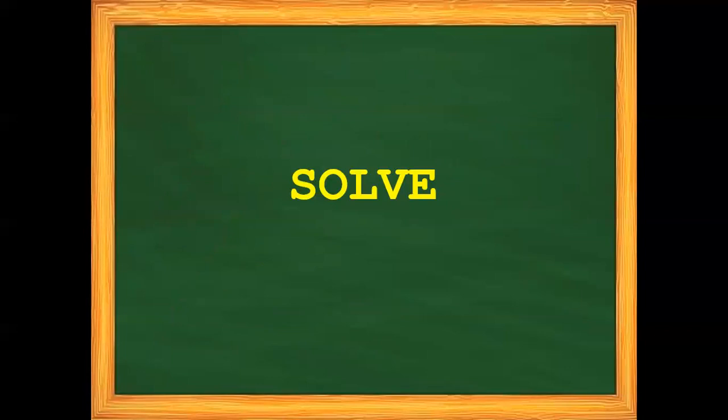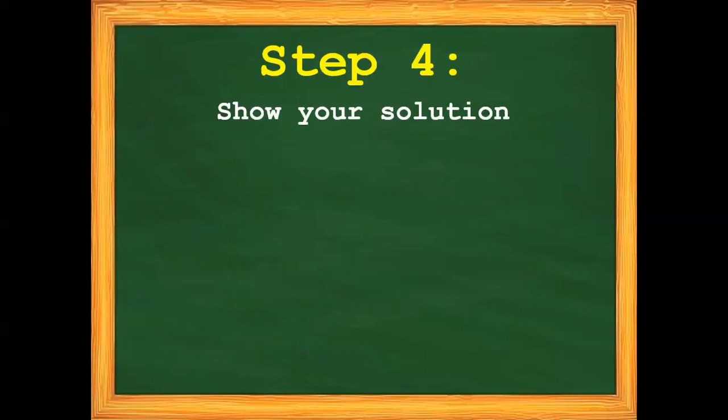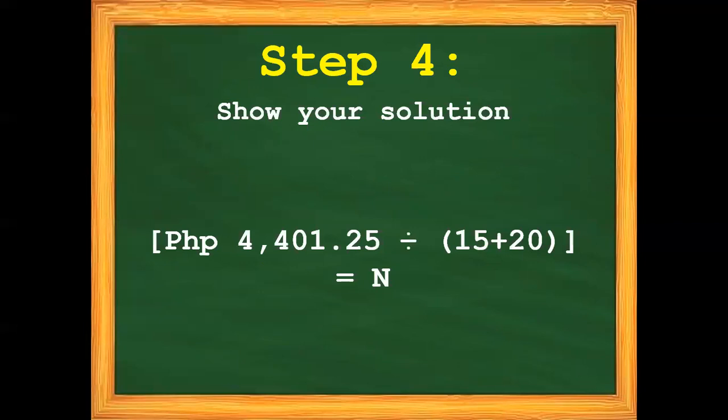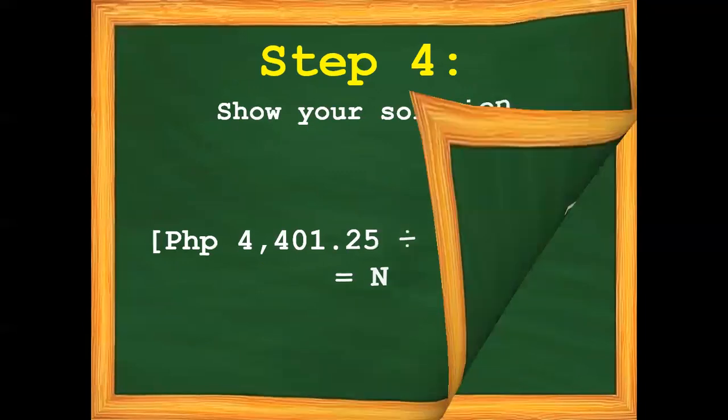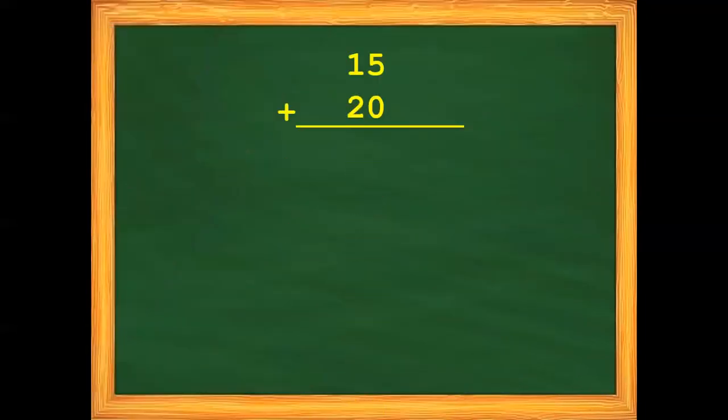So after we understand and plan the problem, we have to solve it now. Step number 4, show your solution. So again, this is our number sentence for problem number 2. So first step, we have to add 15 and 20. 15 plus 20, we will get 35.